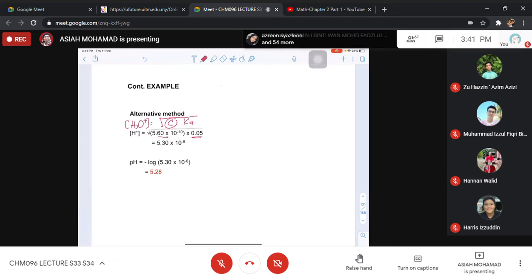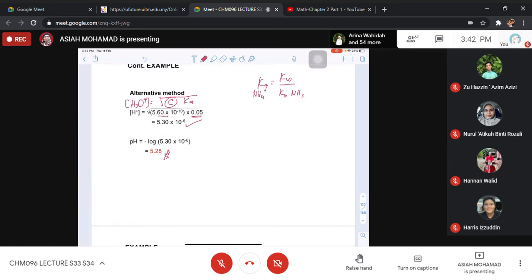Ka, find from Kw: Ka is equal to Kw divided by Kb of ammonia, to get the Ka of NH4 plus. You will get the same value. H3O plus is this much, then convert to pH. Do you understand? Yes, Madam, I understand. Any questions? None? Alright, well done.